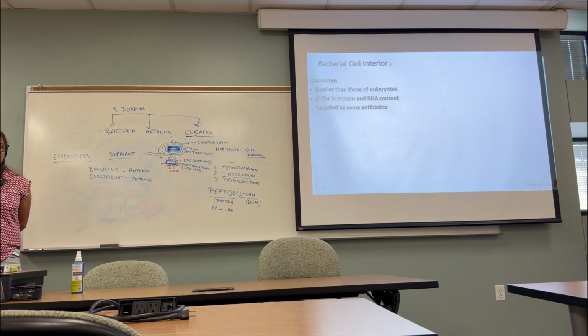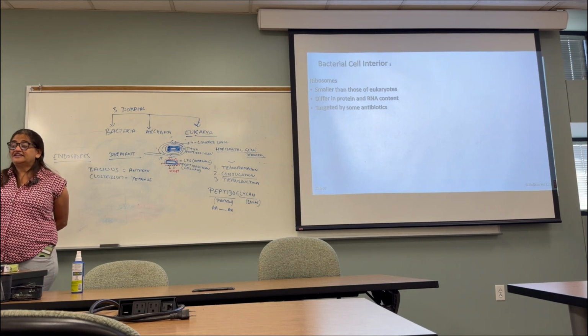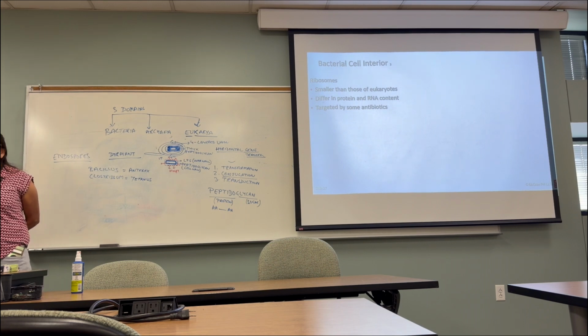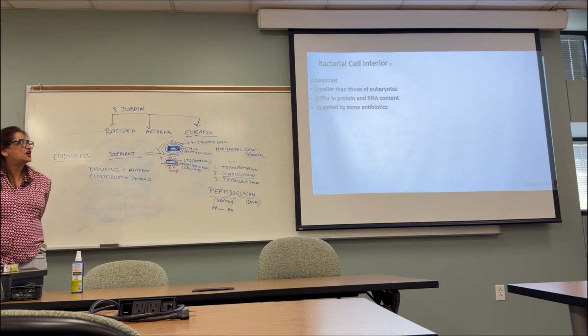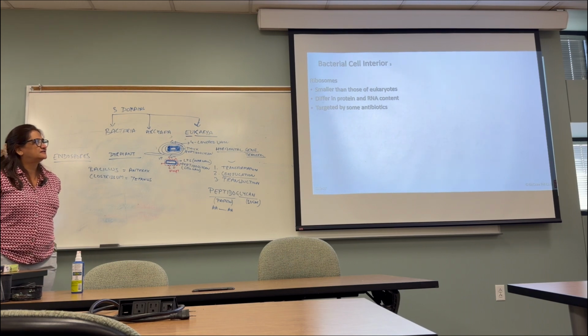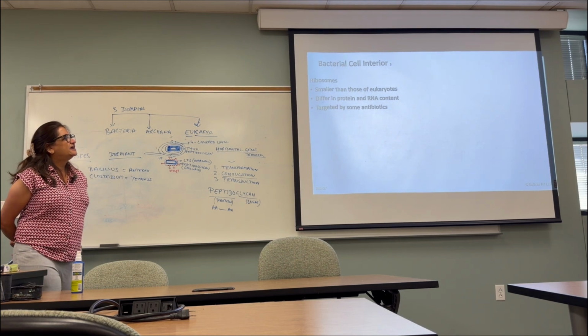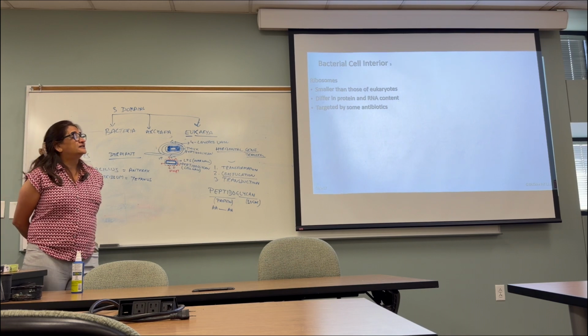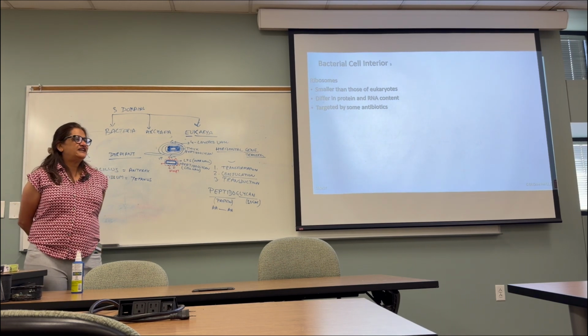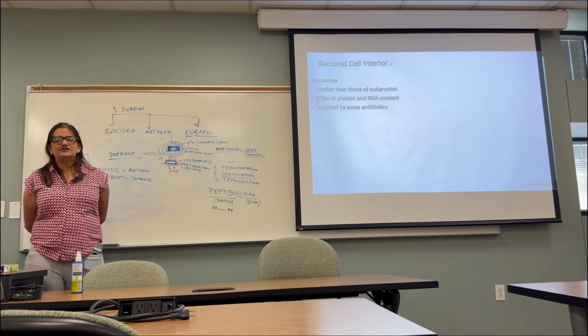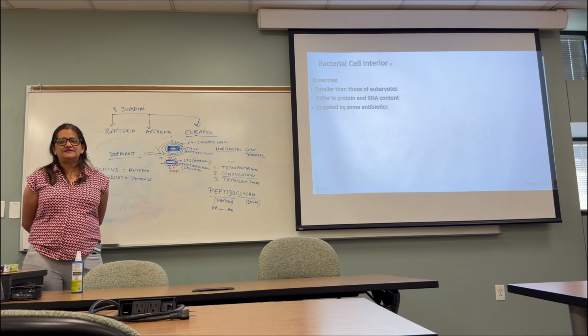Now ribosomes are present in them, and you know why we need ribosomes? Because the function of the ribosomes is to carry out protein synthesis. Okay, the ribosomes of the prokaryotes are definitely smaller than those of the eukaryotes. They are not the same size.